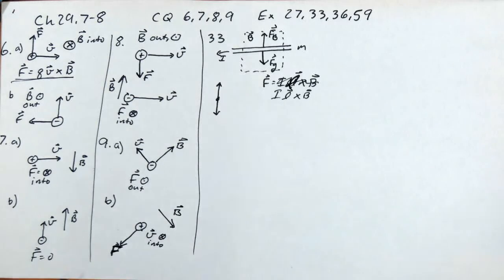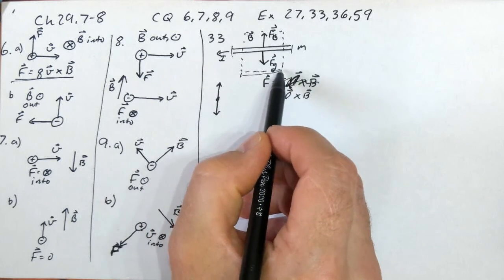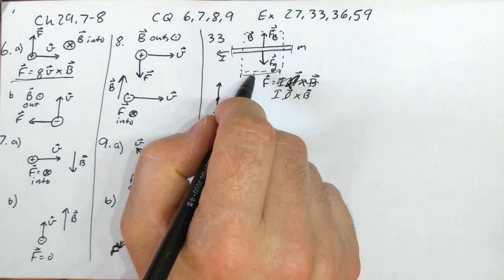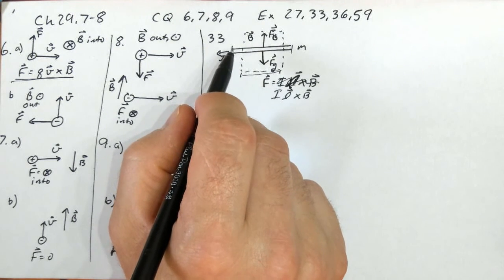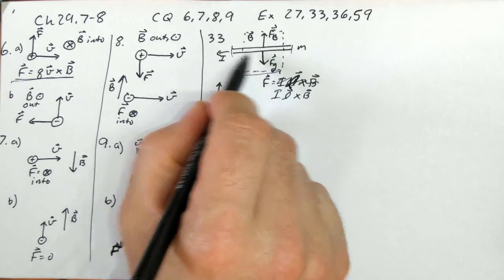So in this case, what is that? Is that this total length of the wire? Or is it the length of the wire that's actually within the magnetic field? And the answer is, it's the length of the wire within the magnetic field. If there's no magnetic field out here, then there's no magnetic force on this piece of wire. So we just care about the force acting on this length of the wire.